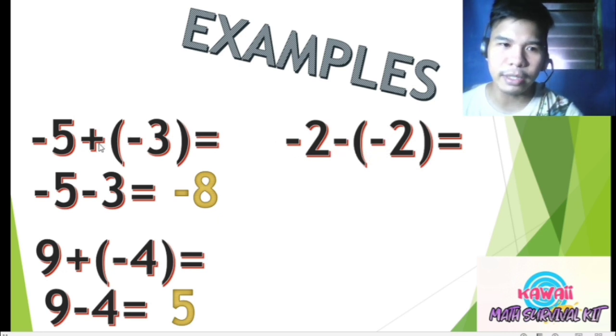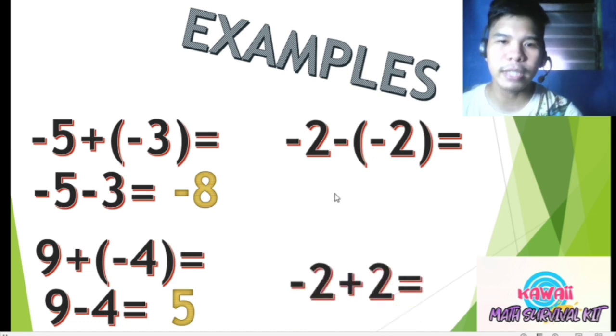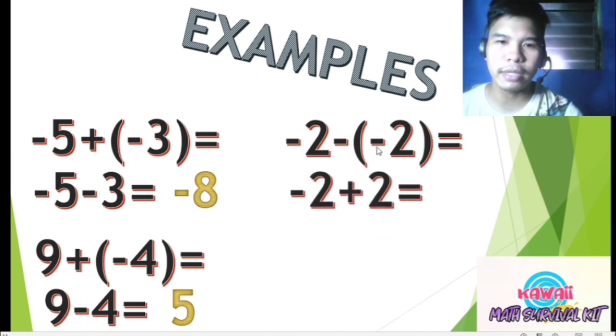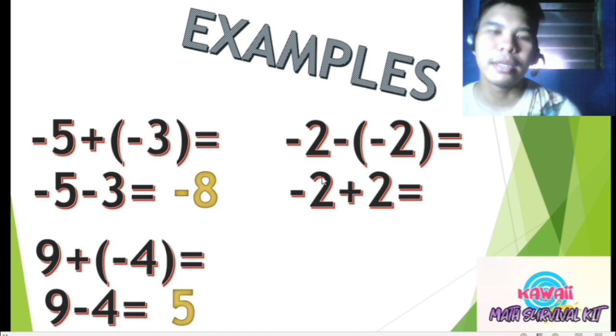Unlike with the other, if we have unlike signs, this will become negative. But this time we have two consecutive negatives here, so that will become positive. So you copy first negative 2, and then these two negatives now will become positive 2. So negative 2 plus 2, so we subtract since 2 here is negative and 2 here is positive.